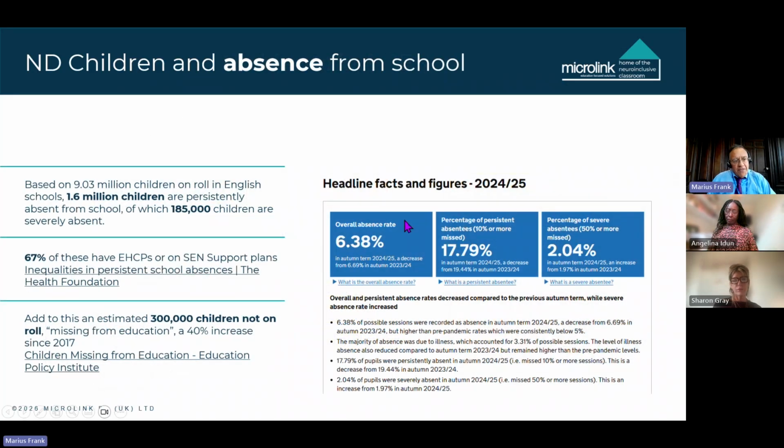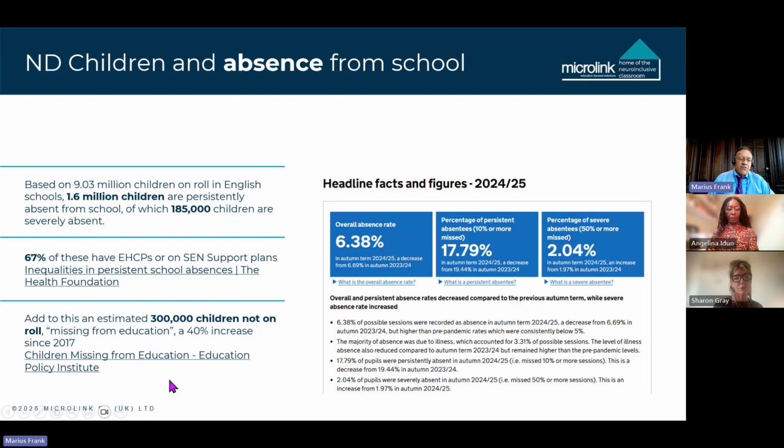We've drilled in further. We've looked at neurodivergent children and absence from school. And we've got figures here. When you get the PowerPoint, you'll be able to click on the hot links I've embedded to go into the individual reports. At the moment, 1.6 million children are persistently absent from school.